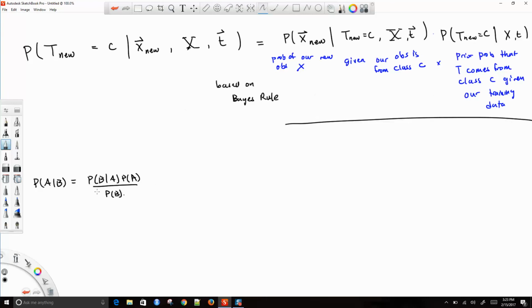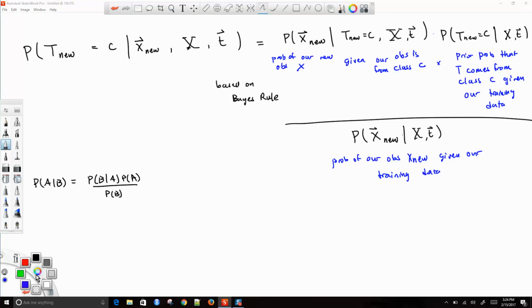This is divided by basically the probability of B, okay? And so the probability of B is the probability of x new given our training data.